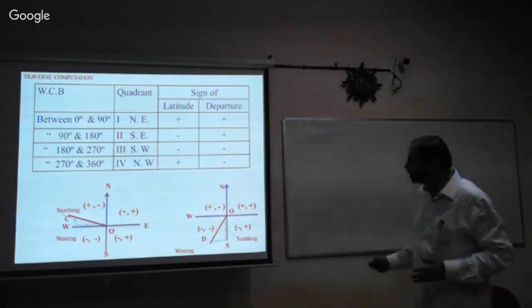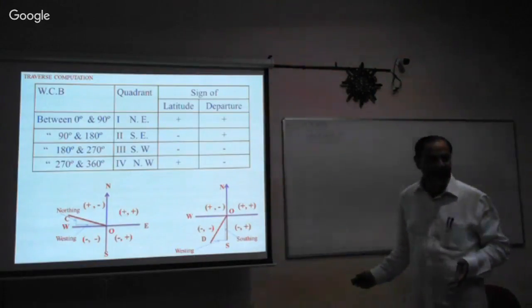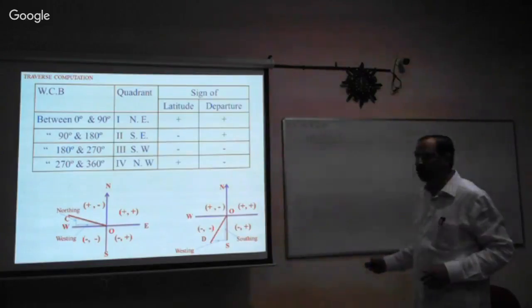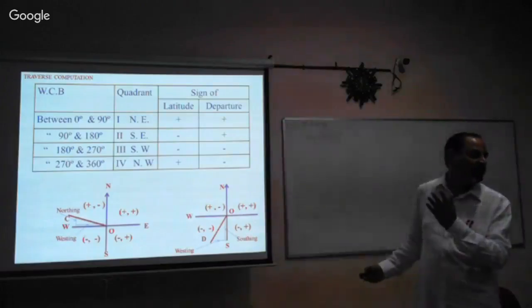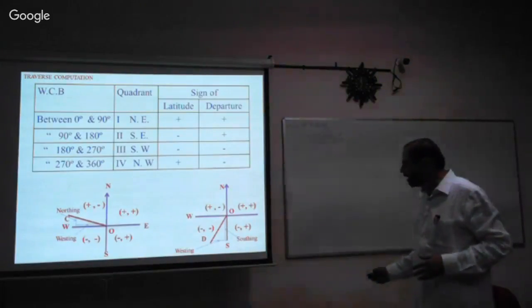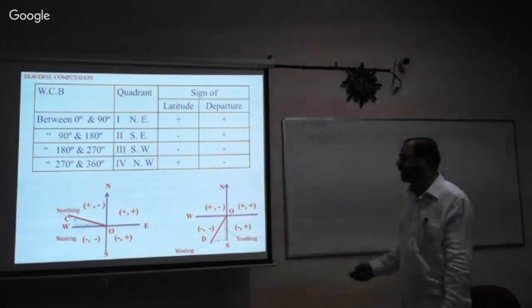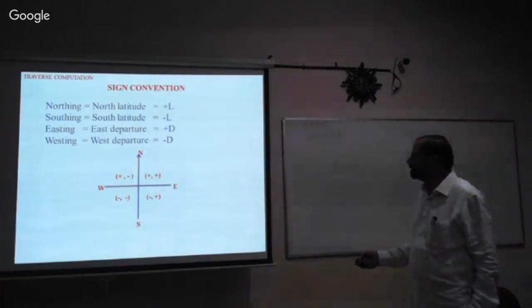Therefore, both become minus. Southward is minus, westward is also minus. Suppose we consider this from D to O, that is DO, then both become positive, isn't it? From D to O, eastward and northward. Latitude and departure change their sign. Let us be careful about reading this.